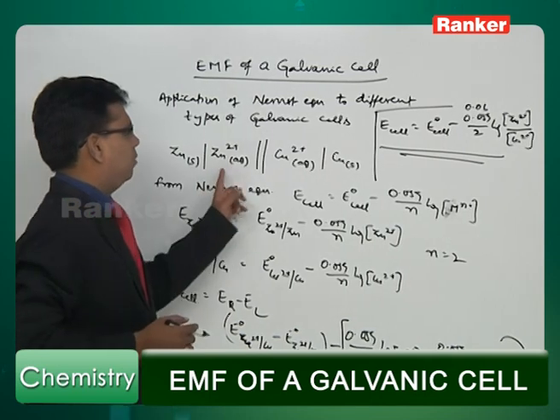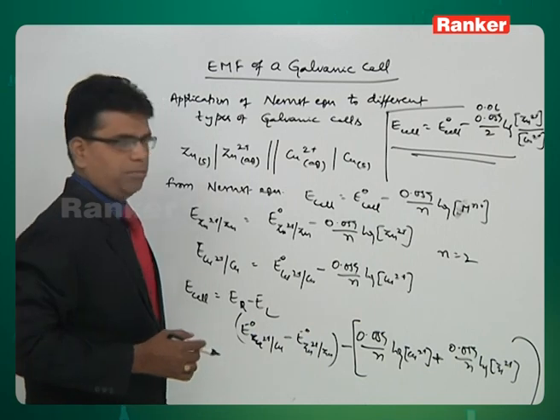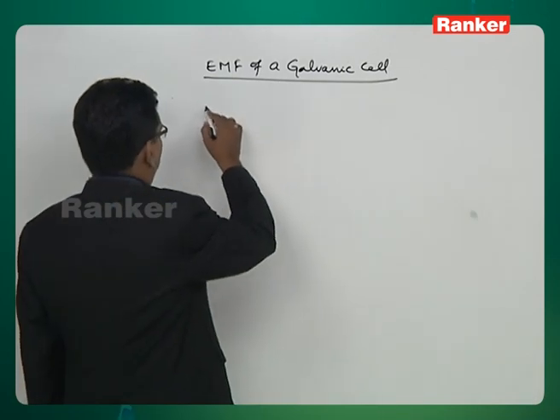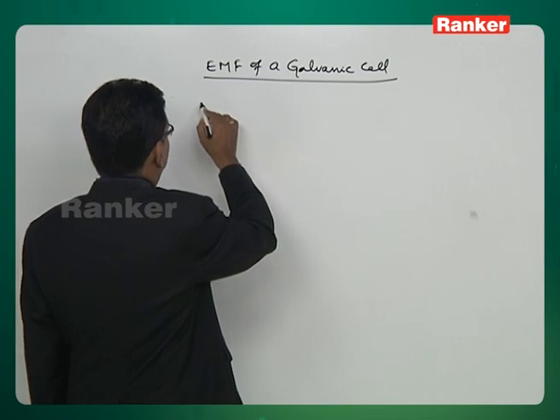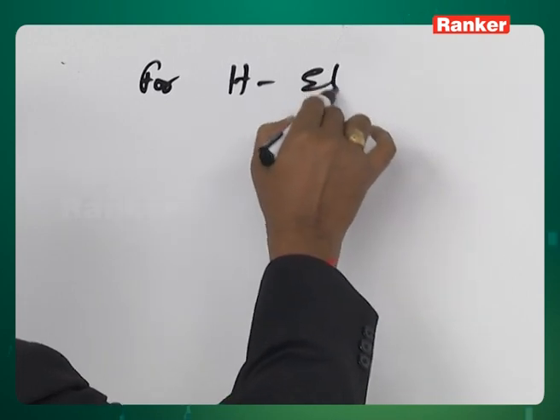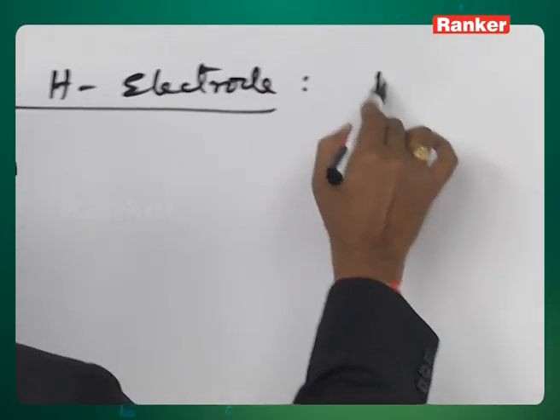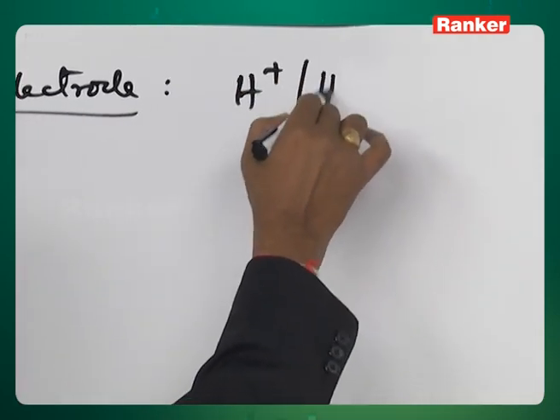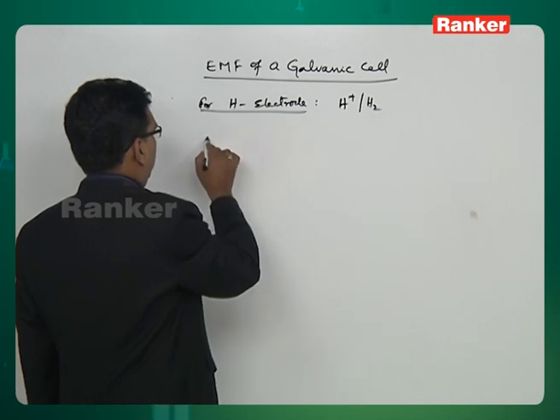Now, suppose we have a metal non-metal electrode, how do we determine that, we will see next. Suppose we have a hydrogen electrode, which we represent as H+/H2.